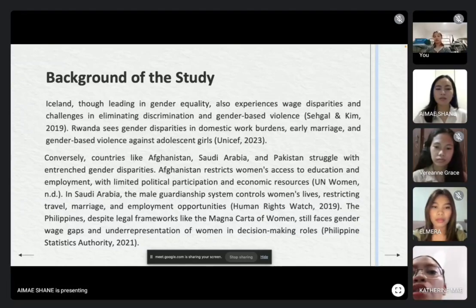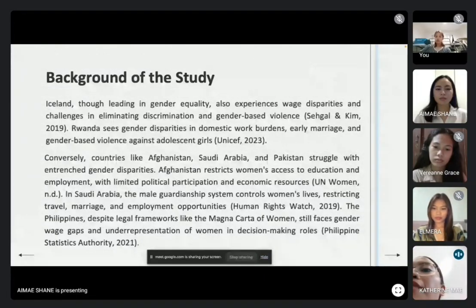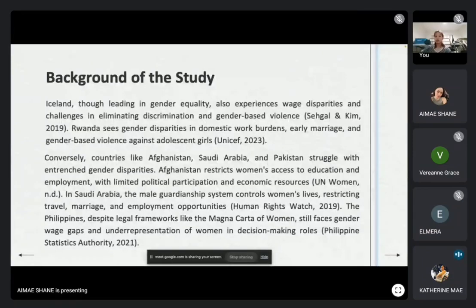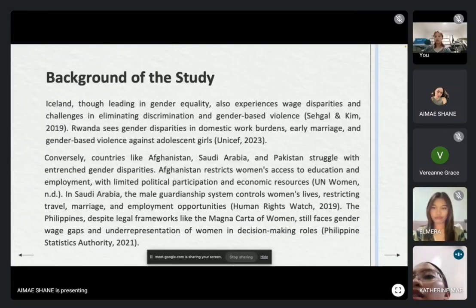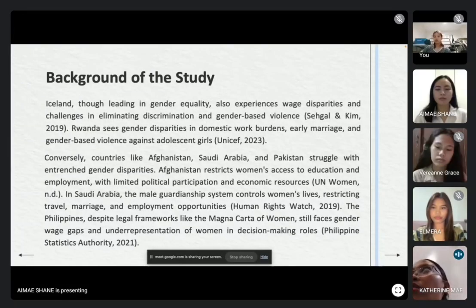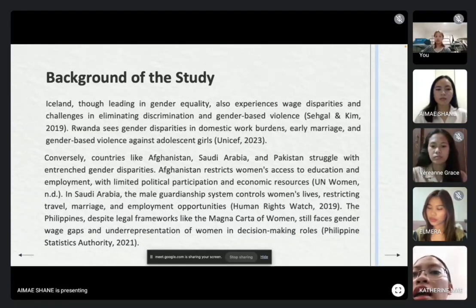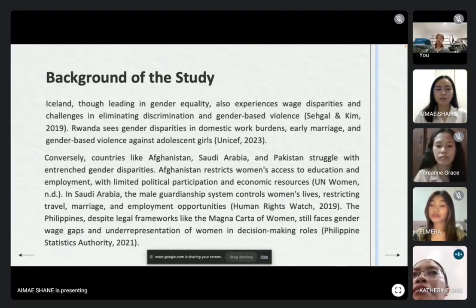So conversely, countries like Afghanistan, Saudi Arabia, and Pakistan struggle with entrenched gender disparities, and Afghanistan restricts women's access to education and employment with limited political participation and economic resources. So basically, we can see that these countries have discrimination, especially against women.